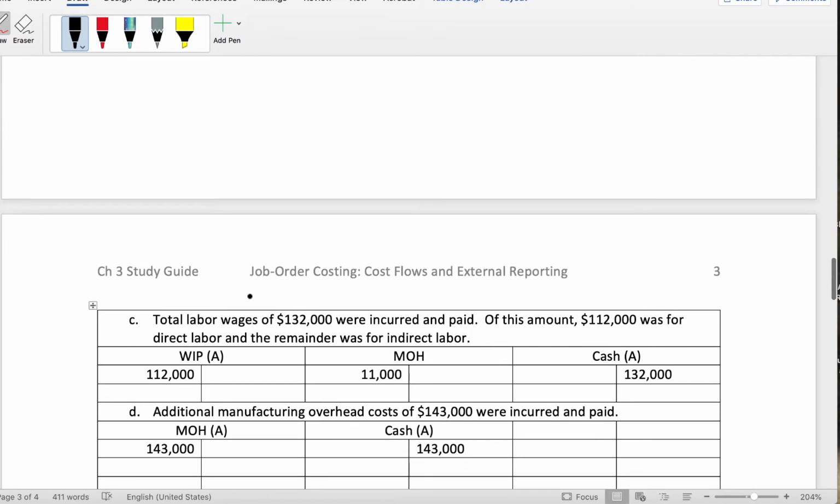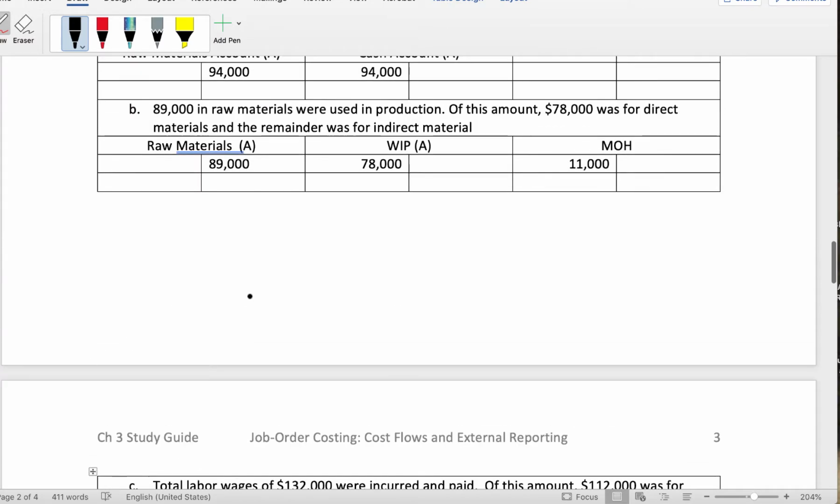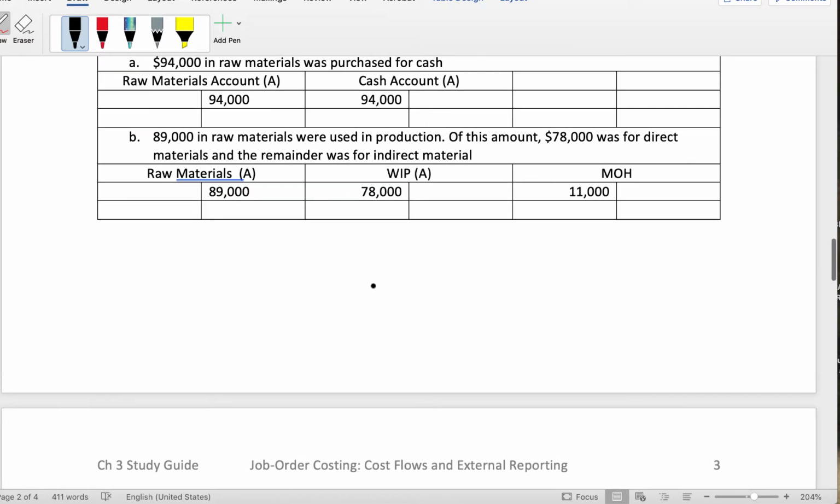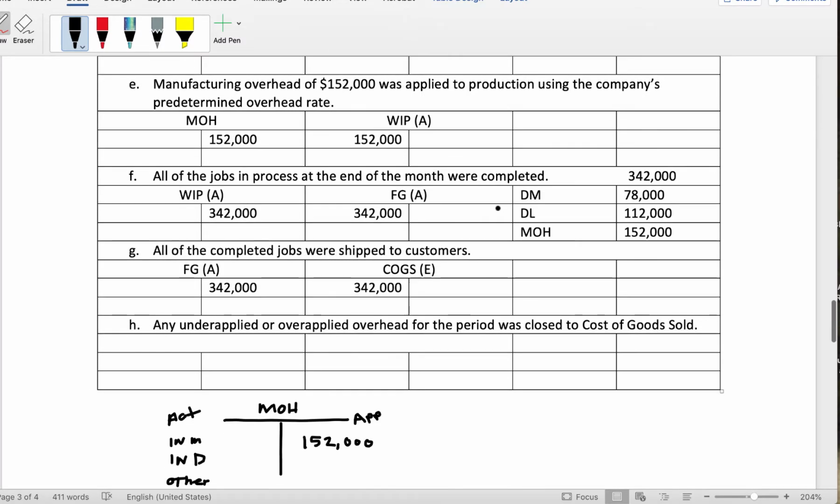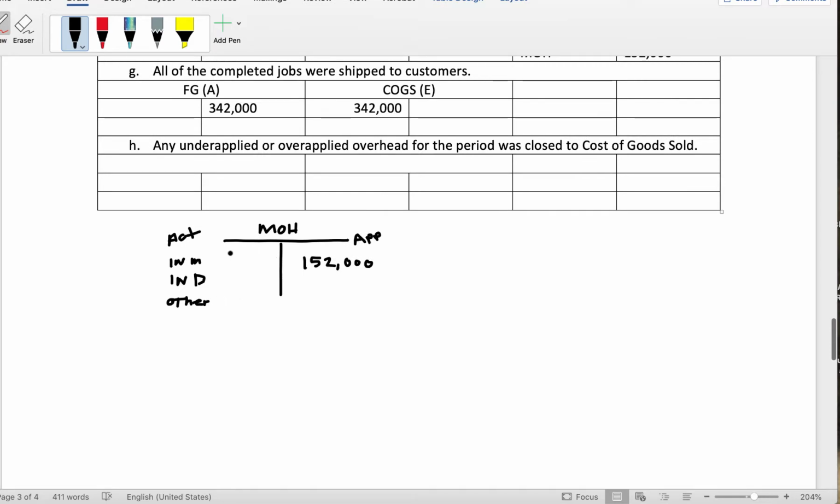I'm going to scroll back up to B. We incurred $11,000 of actual overhead, so we need to add that to the left side. There's my 11,000.